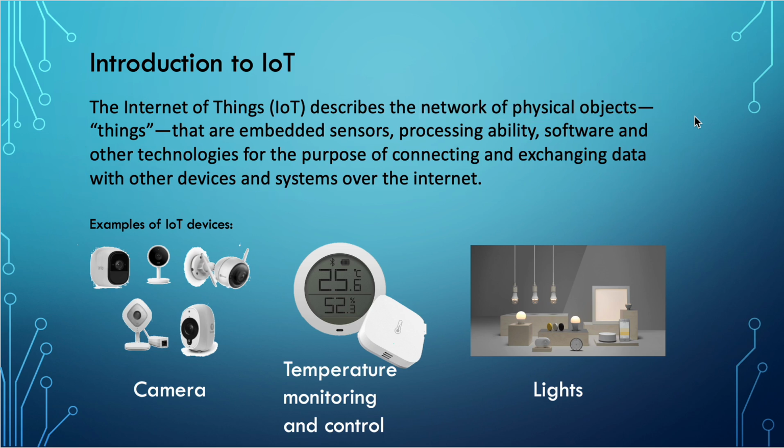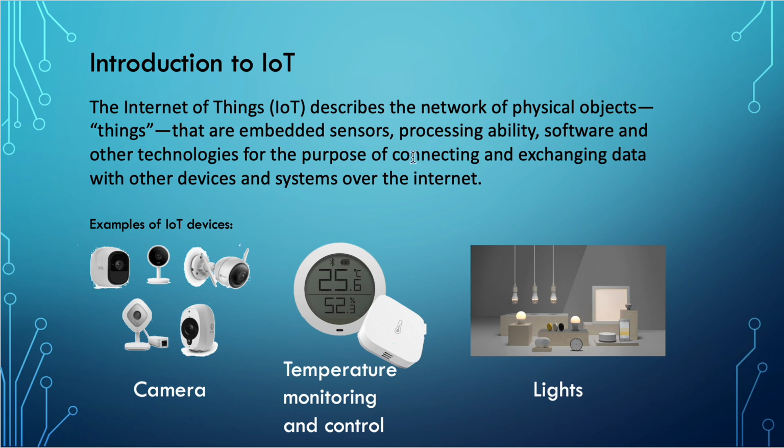In IoT, you will get a physical part or physical object. That means the hardware component of it. So when talking about IoT, one of the main components would be hardware. Those are the physical objects.